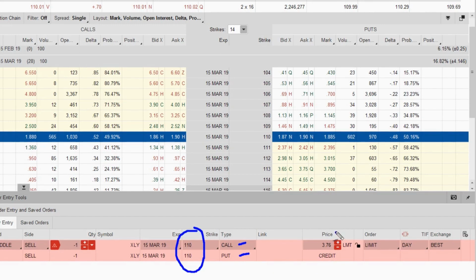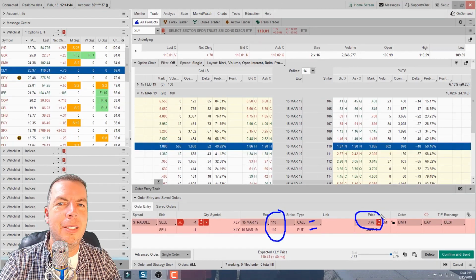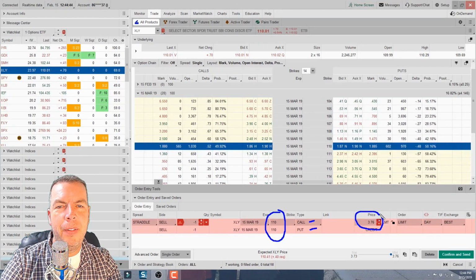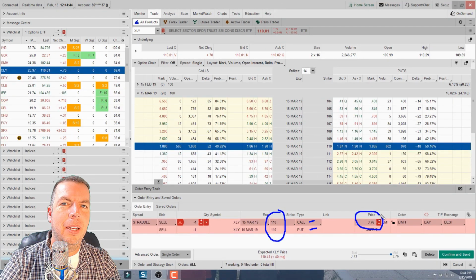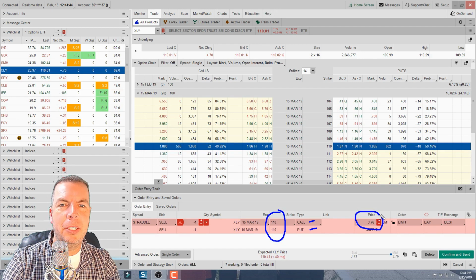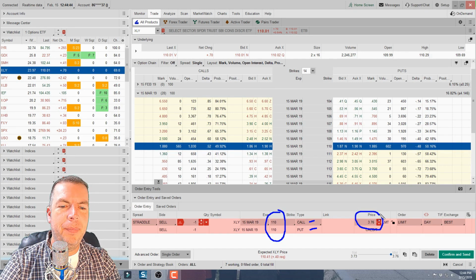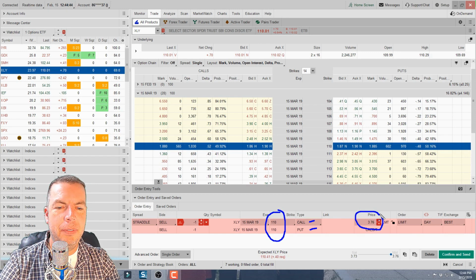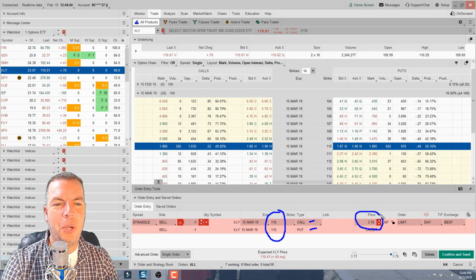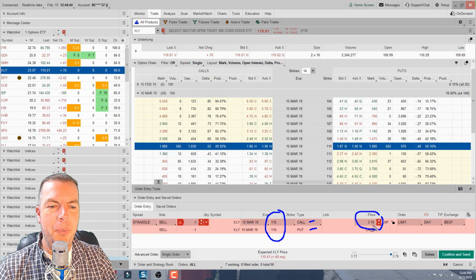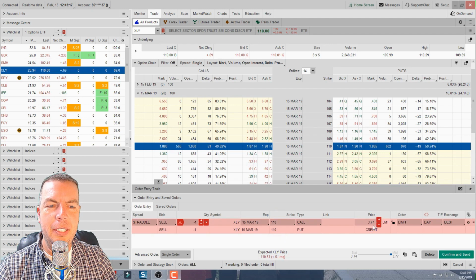For that trade alone, if we were not to buy any protection and were just to sell those positions naked, this would be a straddle. But because we're going to go out and buy protection, that would be an iron butterfly. So we're selling the same strike prices on both the calls and the puts. If we were just to do that, we'd receive $3.76.